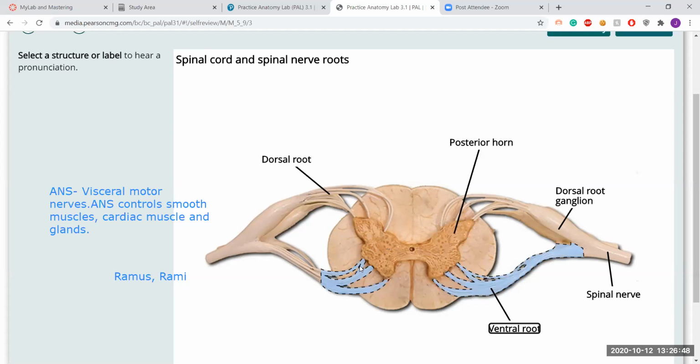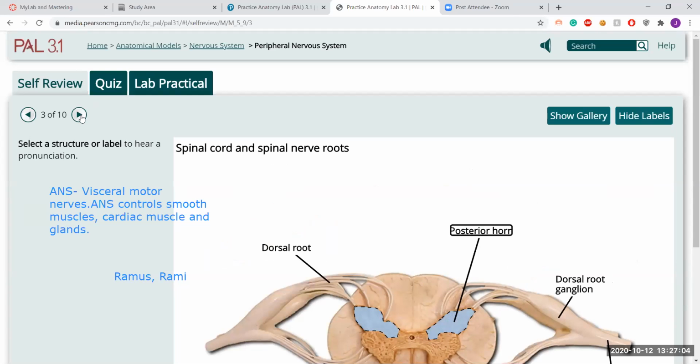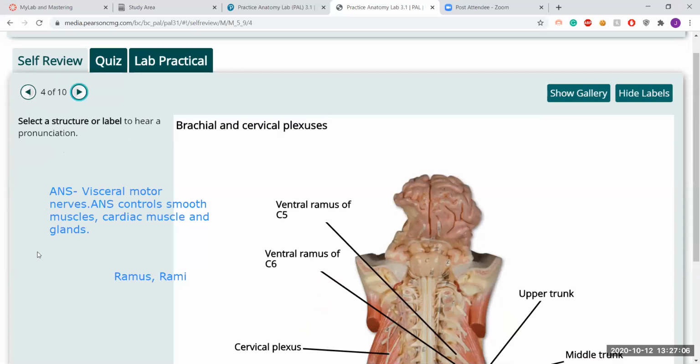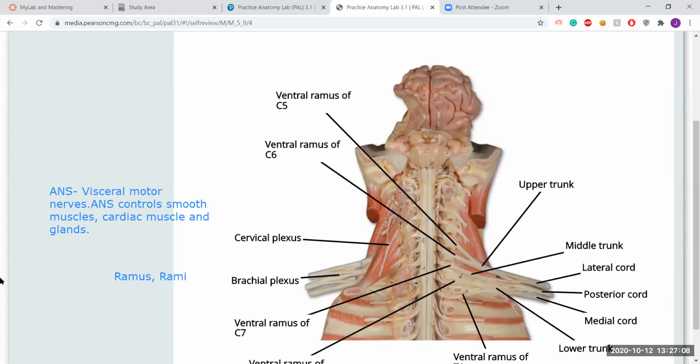And this ventral gray matter, this area is motor. So you have ventral, this area is somatic motor, and this lateral gray matter is autonomic motor. As I told you earlier, the spinal cord ventral rami fuse and form the plexus. You see, this is one plexus.